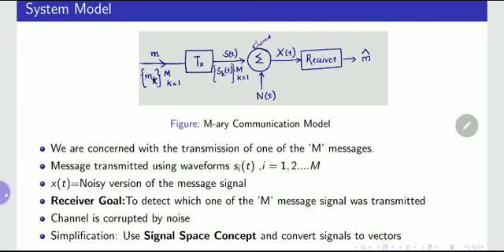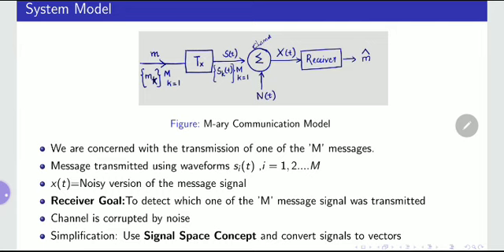These messages are transmitted using finite energy waveforms, s_i(t). So the waveforms are represented as s_k(t), with k varying from 1 to M.